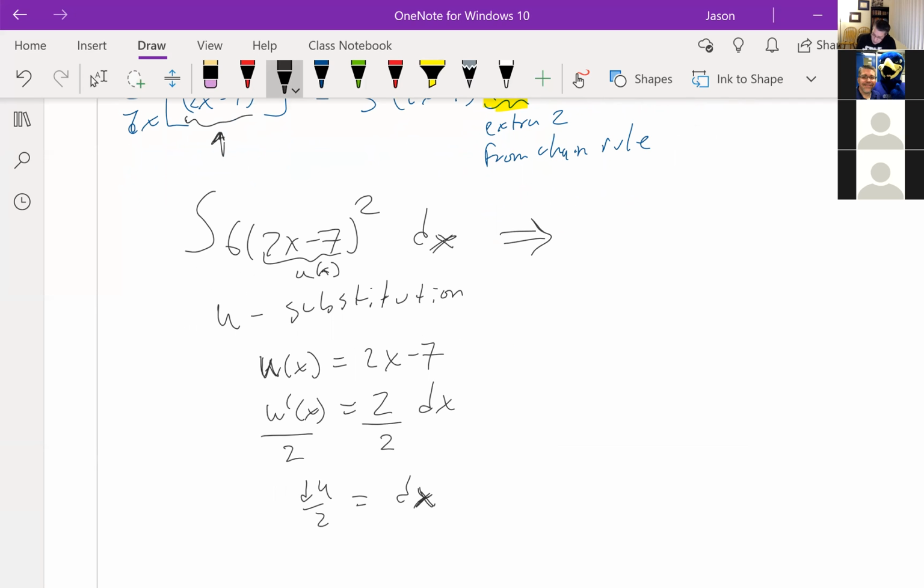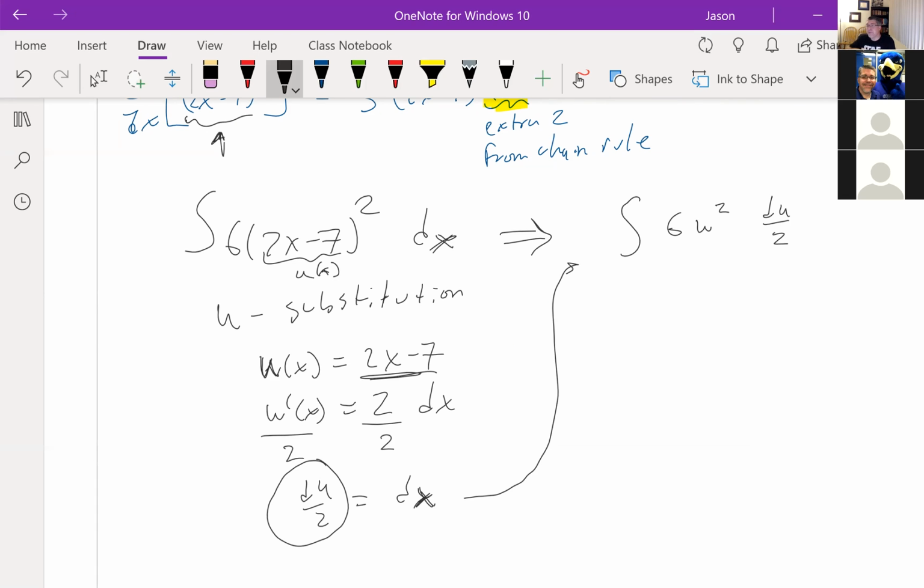Now I do something tricky and substitute. Wherever there was a 2x minus 7, I'm going to make that u. So this is 6u squared. And wherever there was a dx, I'm going to replace that with du over 2. This takes into account that if I took the derivative, I would have had to multiply by 2.